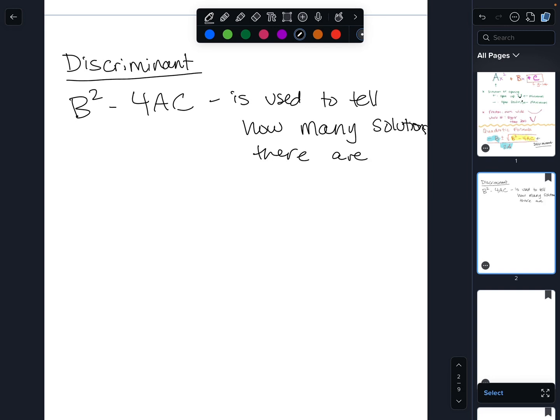And if you've never heard this before, there's an acronym I use called ROCKS. R stands for roots. The O is the O in zero or zeros. X stands for x-intercepts.